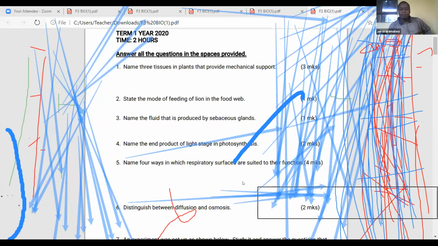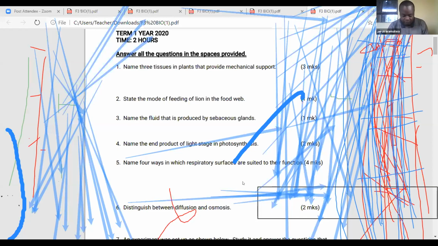So basically, all that we've discussed is there. We look at the respiratory gases here.